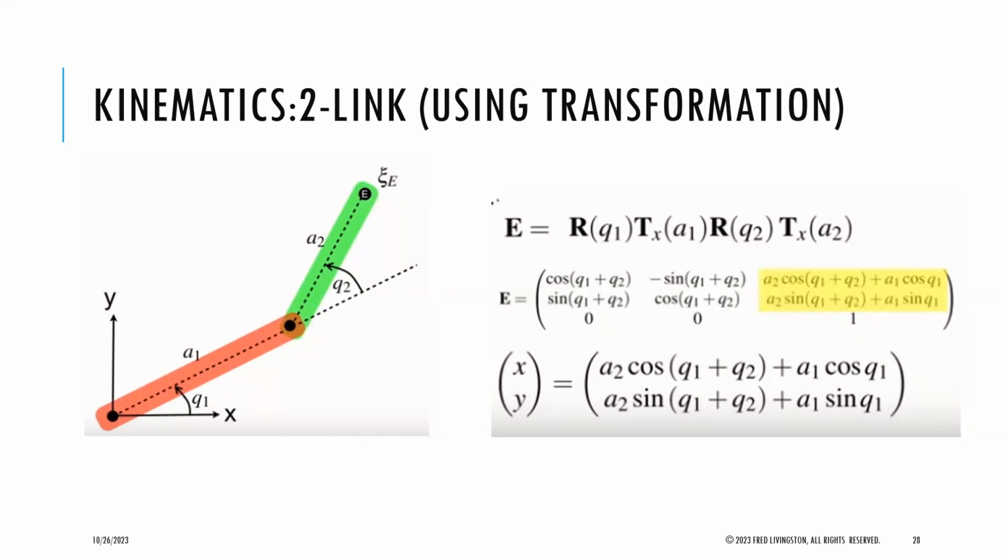What did I do? What's the difference between this one and this one? Rotation. I did a rotation about Z, since this is my XY. So that is my first joint, and that allows me to go from here. Now if I want to go from here to here, how did I do that? A transformation. I know the length of the robot, so I do a translation of A1.